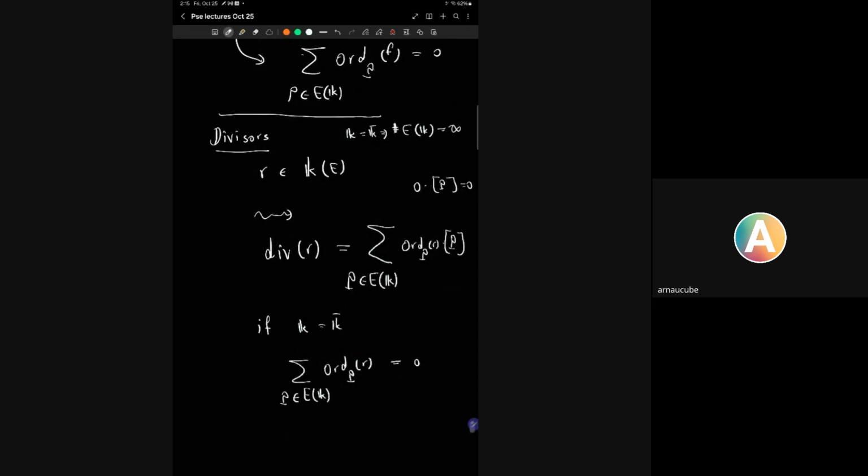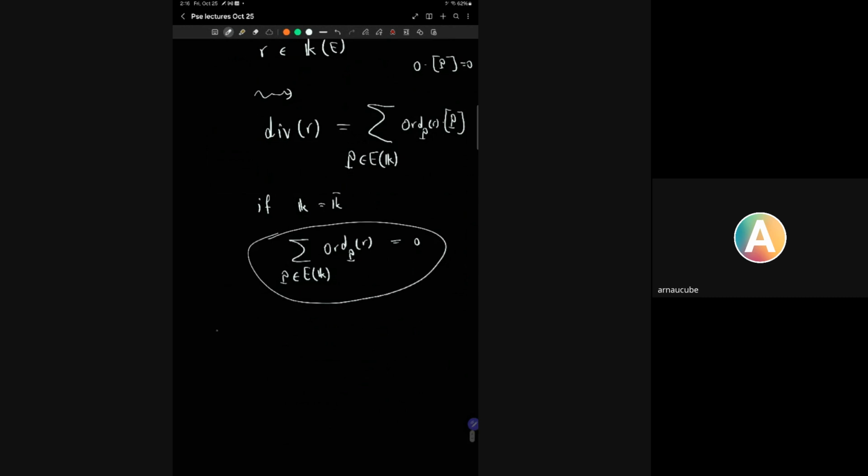So we would like to extend the view of what is a divisor to also these cases in which K is not algebraically closed. We don't have this symmetry, and therefore it makes sense to abstract a little bit and talk about divisors as a formal artifact.